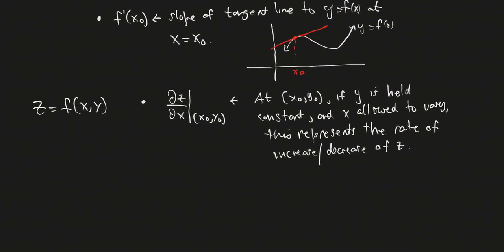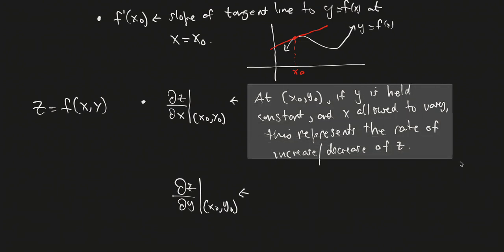And similarly, if I change that to a y, so if I have dz dy, again evaluated at x0, y0, it's pretty much all of this. I'm just going to use my wonderful copy and paste.